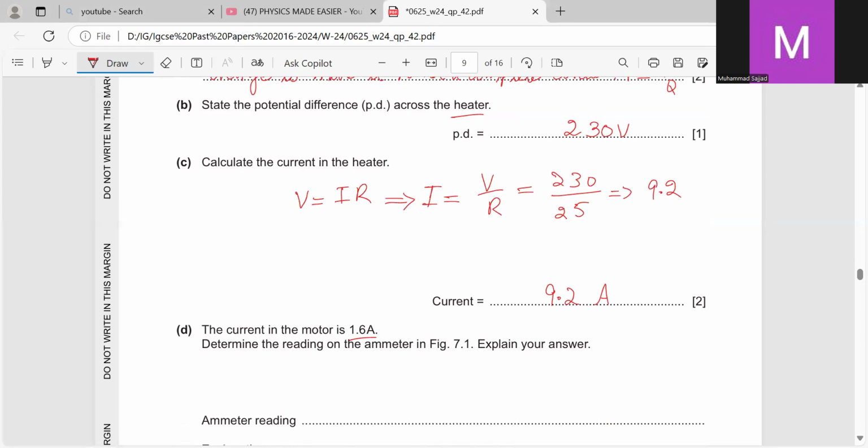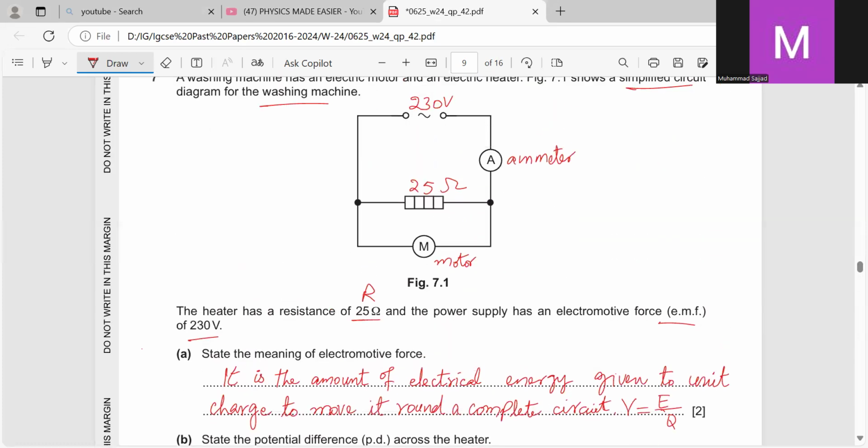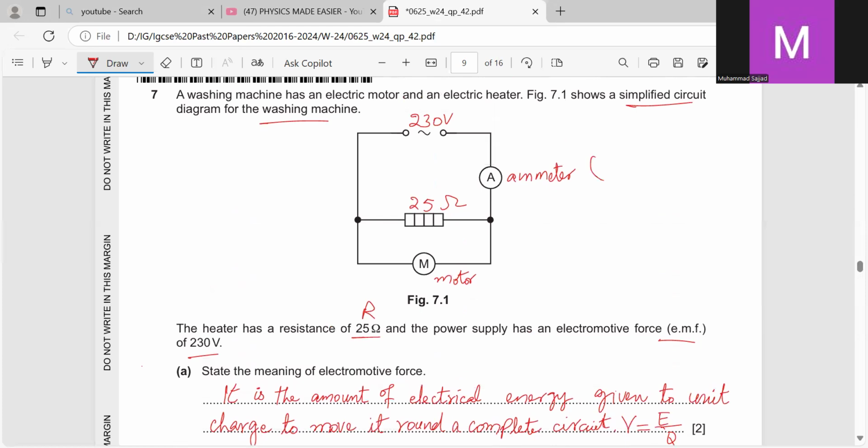Determine the reading on the ammeter in figure 7.1 and explain your answer. My dear friends, the current in the ammeter will give us the total current, I total. Now there are two currents. The current passing through this ammeter will be equal to the sum of the currents flowing through the heater and the motor.